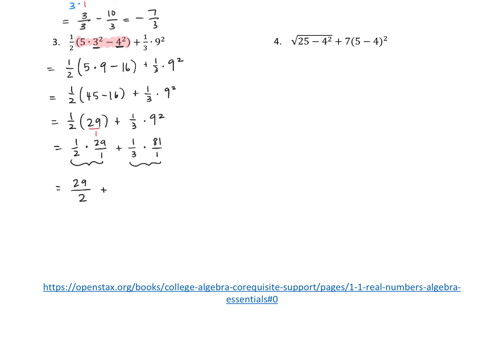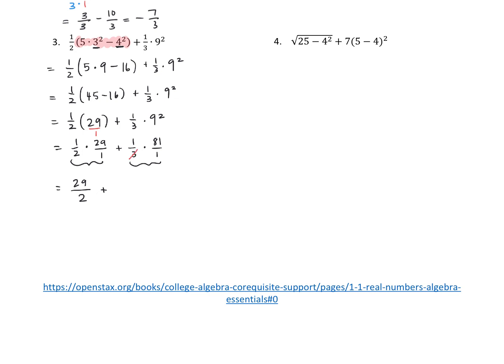Plus, you can multiply straight across, or alternatively, you can also simplify any top with any bottom. So remember, if you have the same factor, for example, a 3 on top and a 3 on bottom, those would divide out to 1. So you can look to see if you have any common factors. 81 is actually 27 times 3.